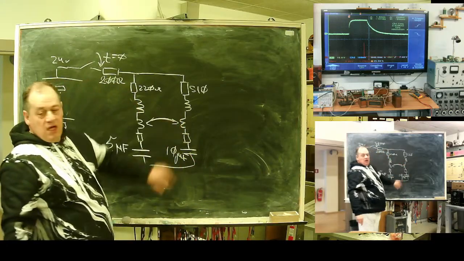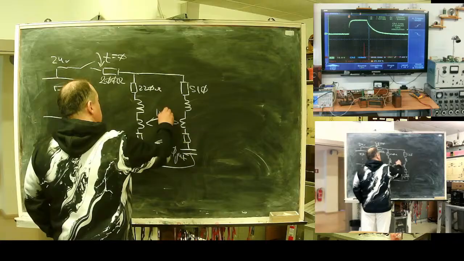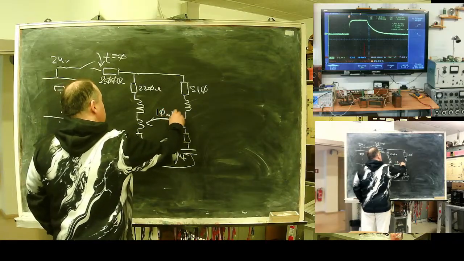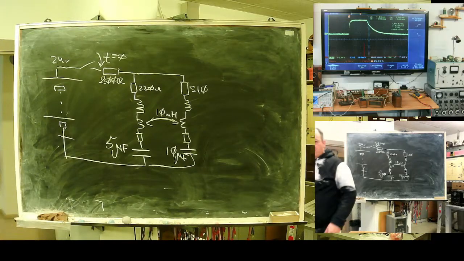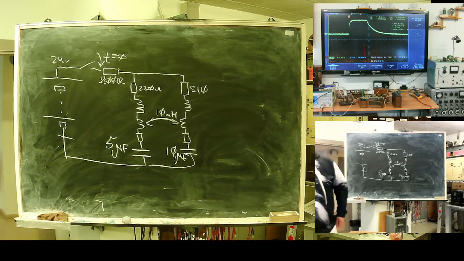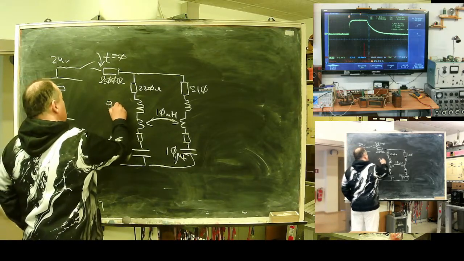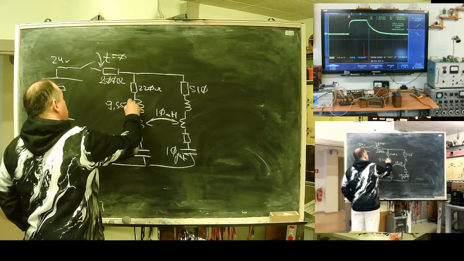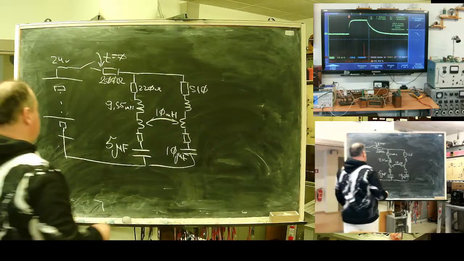These two branches are coupled with 10 millihenry mutual inductance. Inside, all inductance 9.55 millihenry, and all resistance of the primary coil 6.52 ohms.